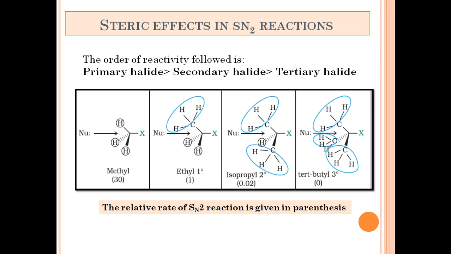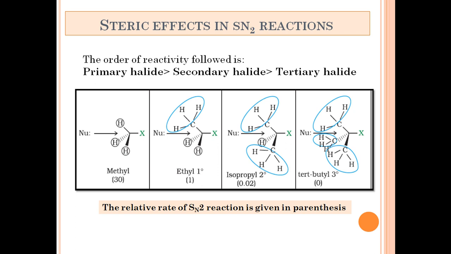Here you can see the nucleophile easily approaches the carbon in methyl halide, or you can say primary halide. It is not hindered by anyone, it directly approaches the carbon where the halogen group is attached. But in the case of first degree ethyl halide, there is a CH3 group, CH3CH2X.